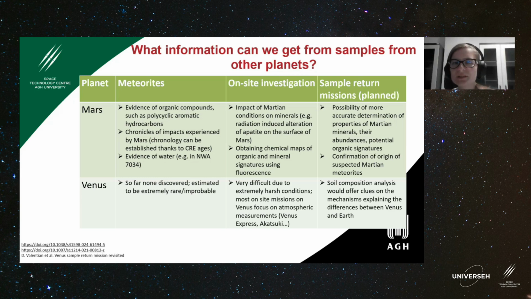But when it comes to Venus, so far no meteorites from Venus were discovered. And it is estimated to be extremely rare and improbable that meteorites come from Venus to Earth, for multiple reasons.